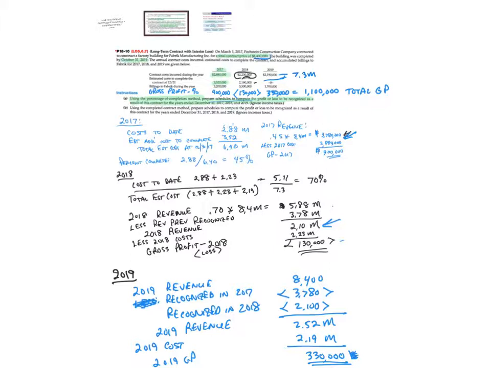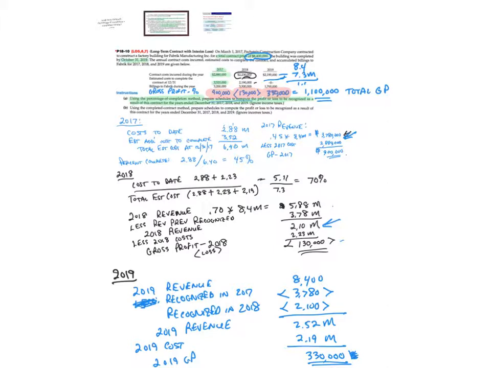And the contract price is 8.4 million. So if you take the 8.4 minus the 7.3 total cost, that's going to give you the total gross profit of 1.1 million. It's allocated across the 3 years as 900,000 in year 1, 130,000 loss in year 2, and 330,000 income in year 3. Okay?